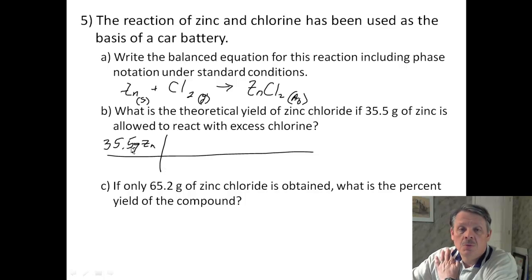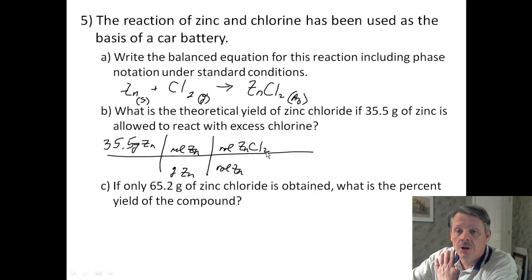Now, when we work this through, we have to get rid of grams of zinc and go to moles of zinc. Then we go from moles of zinc to moles of zinc chloride, because that is our target substance. What's the theoretical yield of zinc chloride? That's what it's asking us. So we have to get rid of moles of zinc chloride and go to grams of zinc chloride.